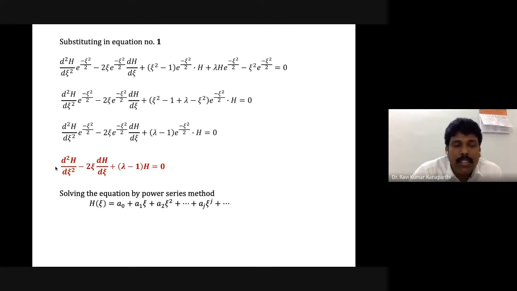Now, h of z, since I do not know what exactly it is, but definitely I know that it is going to be a function of z. So when we don't know, this is the way that we express h of z: h of z is equal to a0 plus a1 z plus a2 z square plus a3 z cube plus and so on.